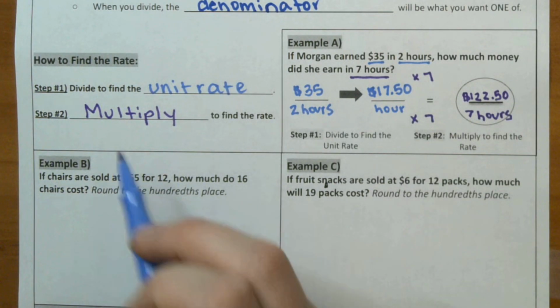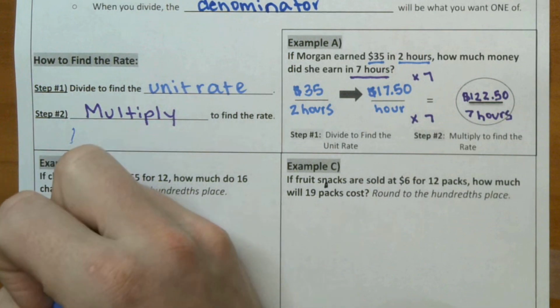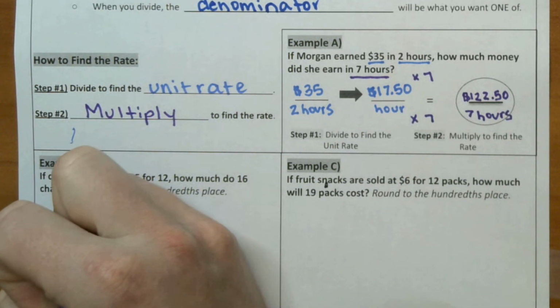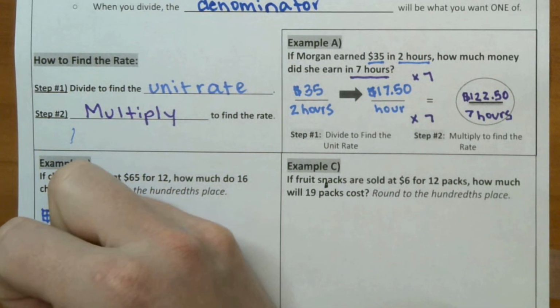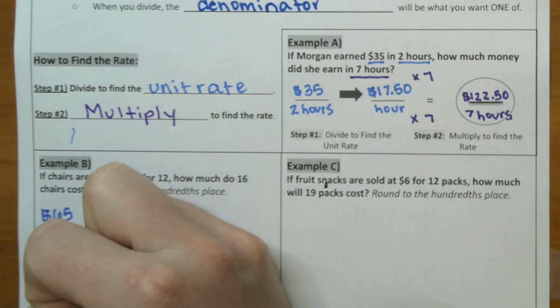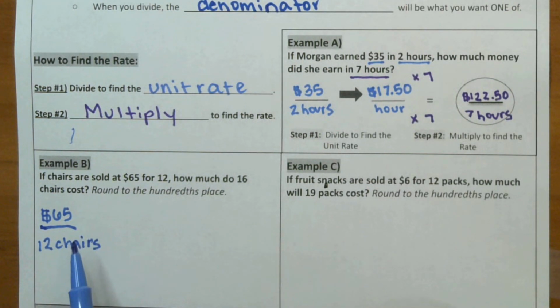So step number 1, we're going to divide to find the unit rate. So I'm going to do $65 divided by 12 chairs. And notice I put chairs on the denominator because we need to figure out the cost of one chair before we can figure out the cost of 16.